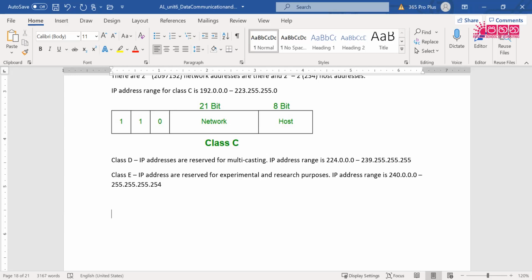So I have given all the ranges where you need it.